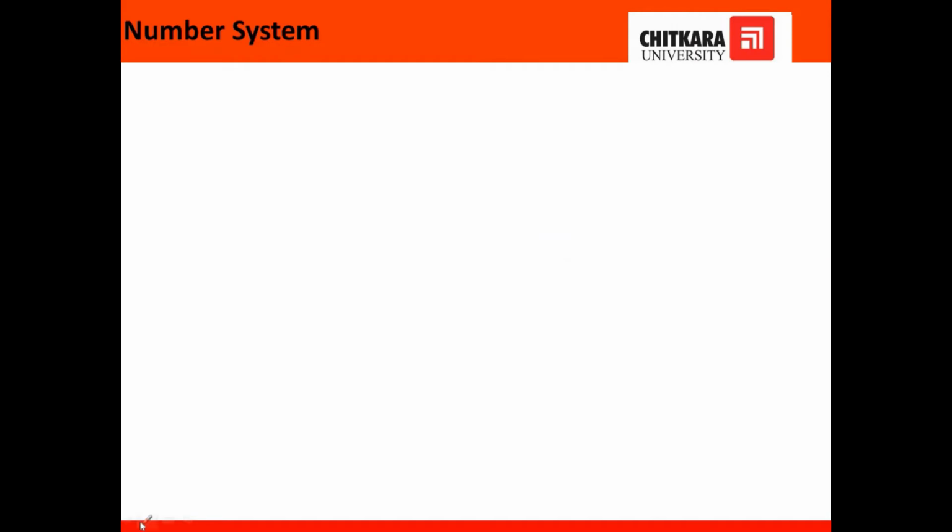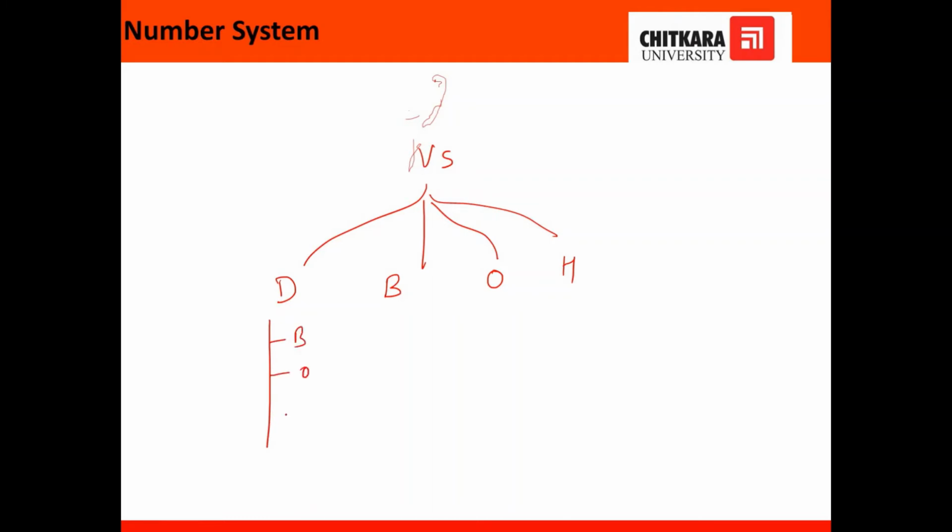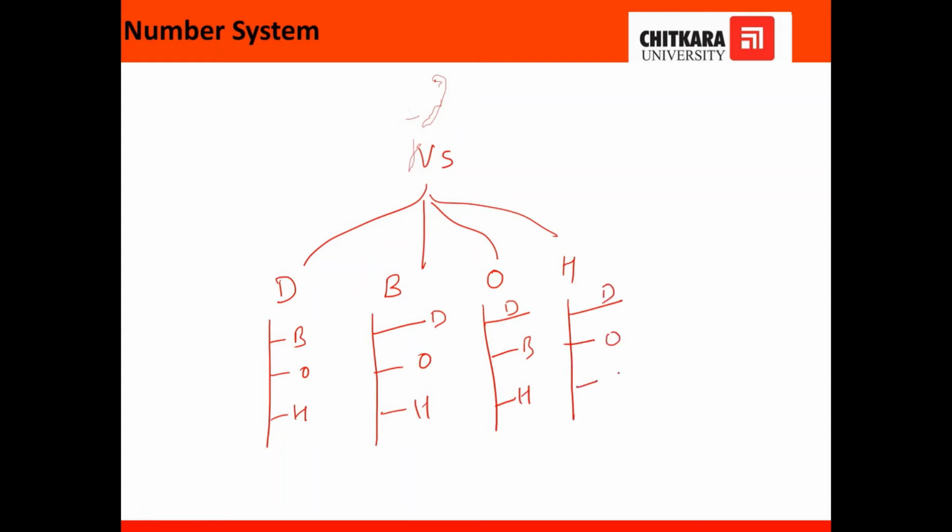This number conversion, if we see, is of 12 types. For example, the number system is represented in 4 forms: decimal, binary, octal, hex. Now decimal is further divided into decimal to binary, decimal to octal, decimal to hex, then binary to decimal, binary to octal, binary to hex, further octal to decimal, octal to binary, octal to hex, next hex to decimal, hex to octal and hex to binary.